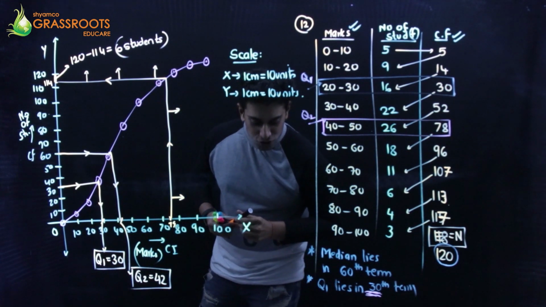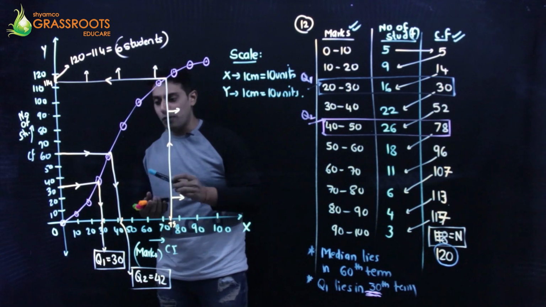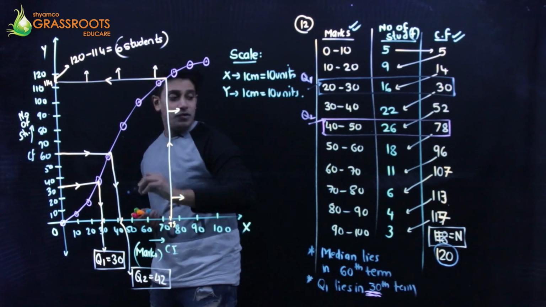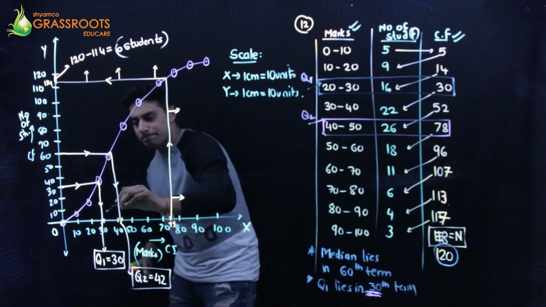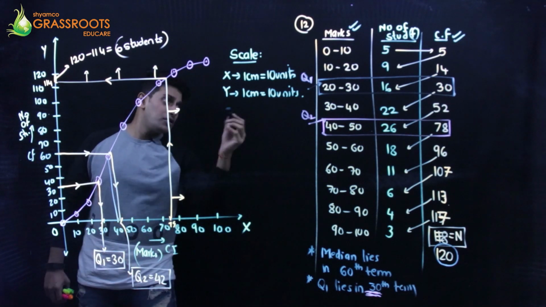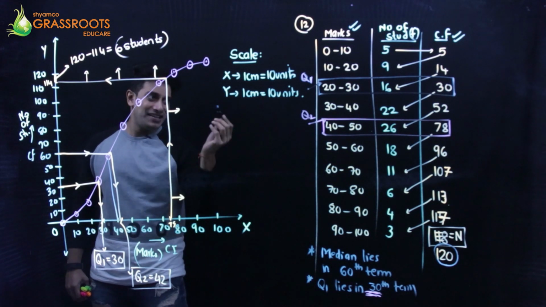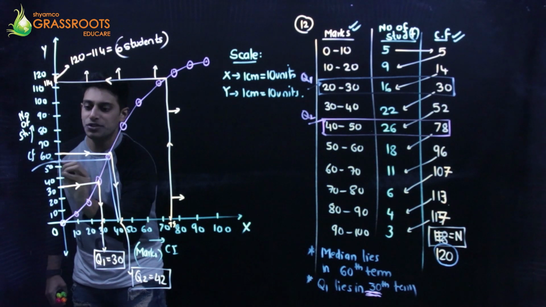Next, the number of students who did not pass if the passing percentage was 40. So from 40, trace it up, and trace it this way. Your answer is going to be somewhere between 30 and 40 again, somewhere out here.